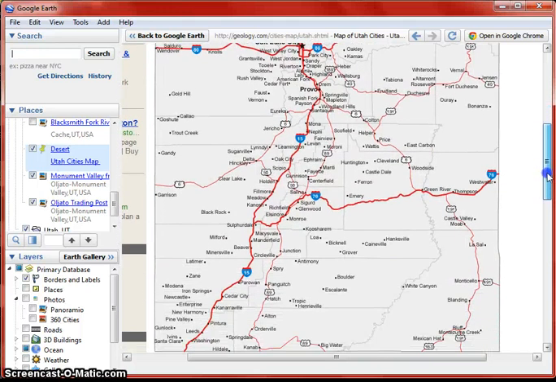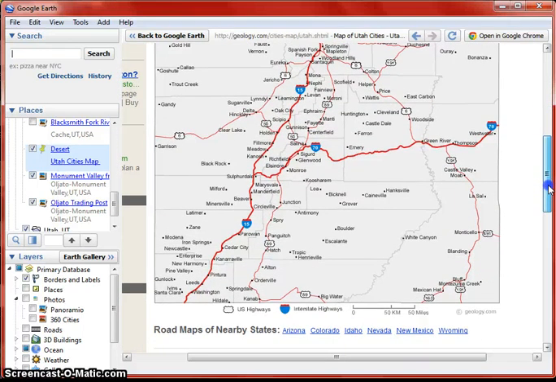Okay, so I'd have them look at this map and pay particular attention to the interstates. So Interstate 15, which runs up along this direction, and Interstate 70, which runs east and west across the state.